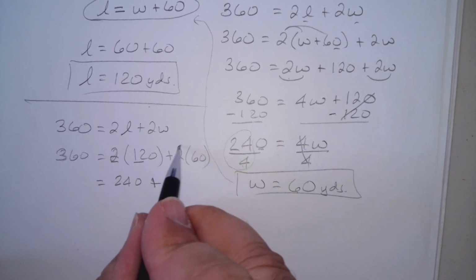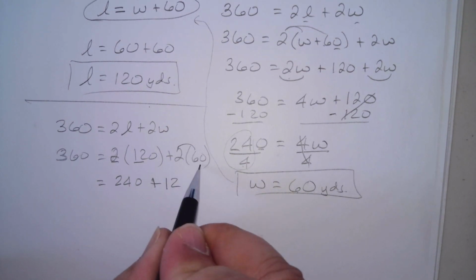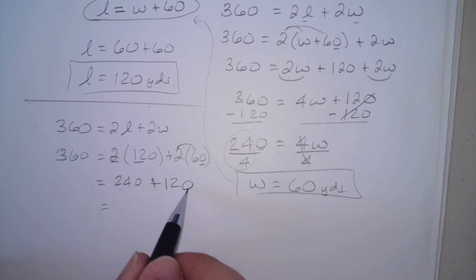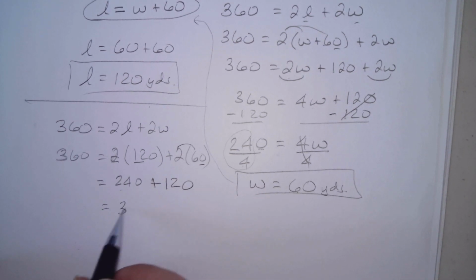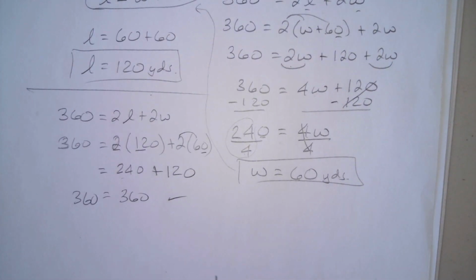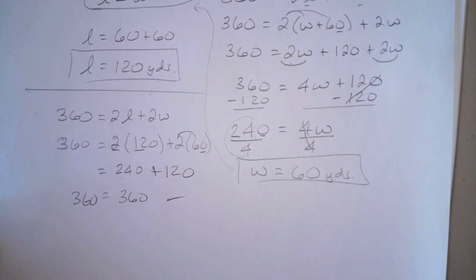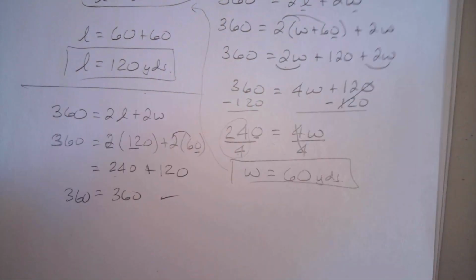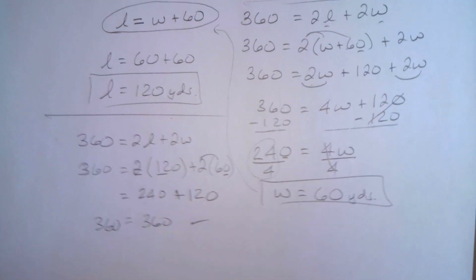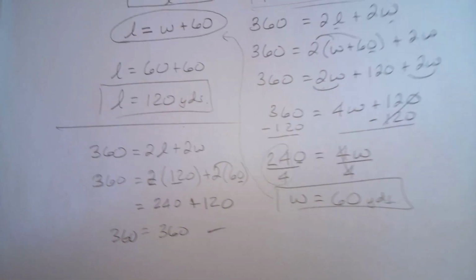Plus 2 times 6 is 12 with a 0. 240 plus 120 is 360. So it works. All right, so that's a perimeter problem. Anytime you have dimensions of things, you look usually at perimeter or area or volume. But in this case, it was perimeter.